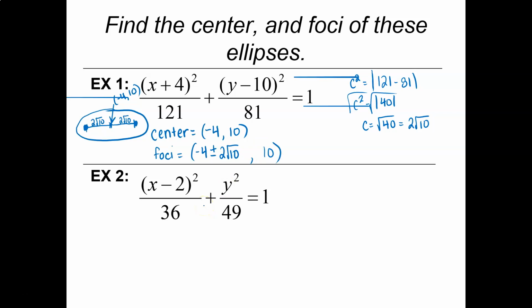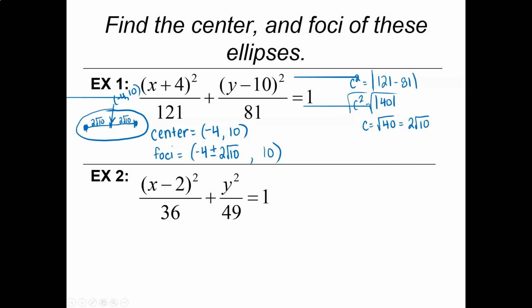So you would add to move to the right. You would subtract to move to the left. These would be the coordinates of your foci. This is actually 2 points because one of them would be -4 plus 2 root 10, 10. And the other one would be -4 minus 2 root 10, 10. So probably your answer choices are going to look like this.